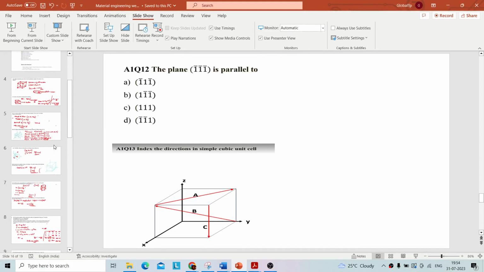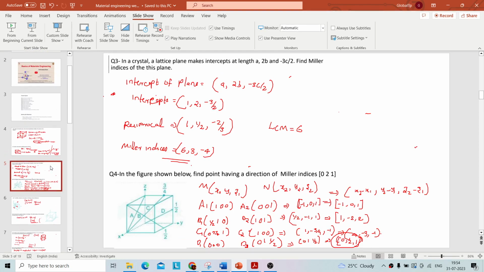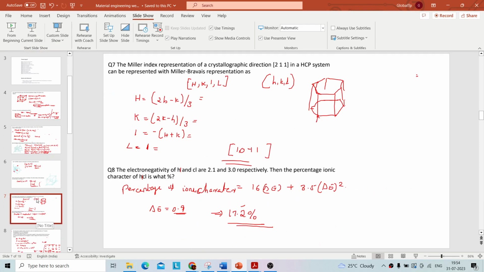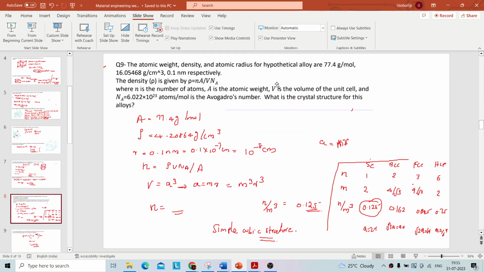I think someone asked the doubt about what the M value is. M value is nothing but the constant.